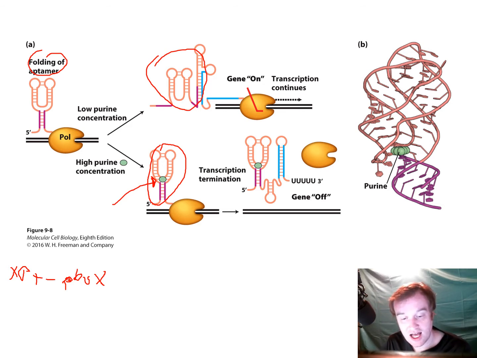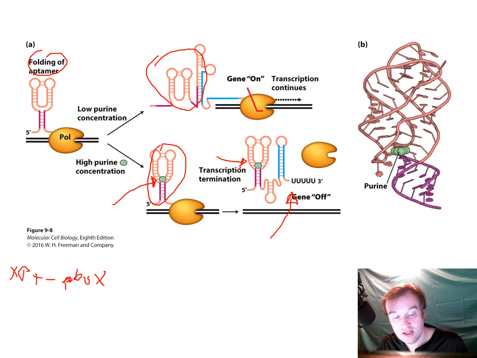And so this stem loop transcription termination signal is created, where we have a stem loop followed by a bunch of U's. That is created only when this purine is able to bind to that aptamer. And so that's a signal that they should not transcribe more.